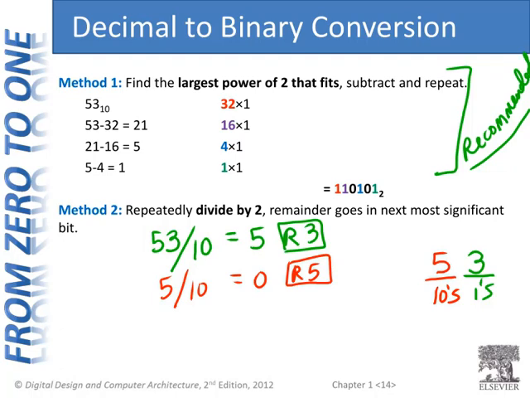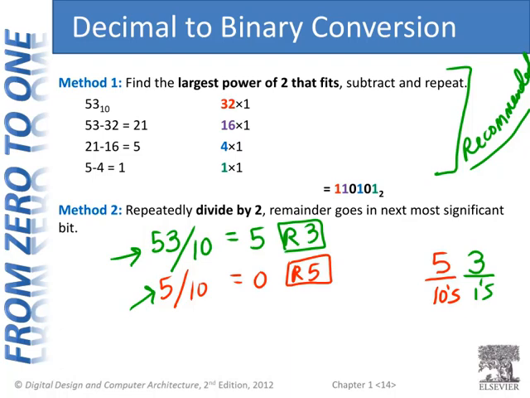But this process is the same process we're going to use for any other base, including base 2 or binary numbers. So let's think about it. 53 divided by 10, this first process. Well, if I divide it by 10, basically anything that's the remainder doesn't fit in the tens column or higher. And so that's going to have to go in the ones column. So this 5, I've already divided it by 10.